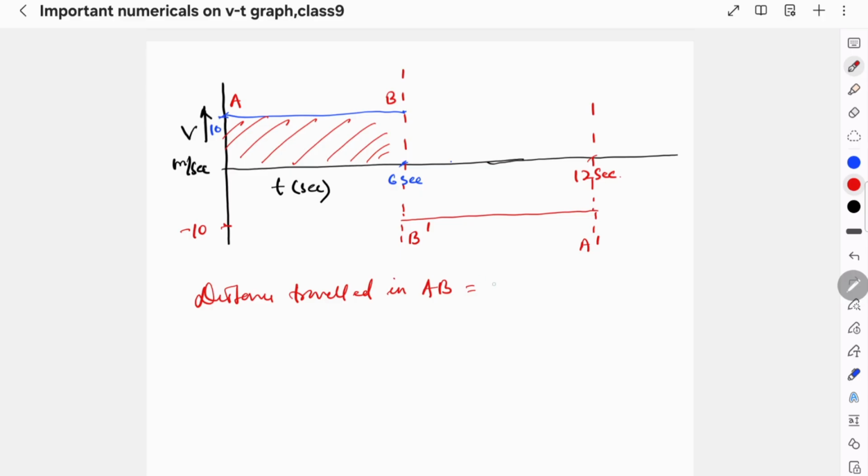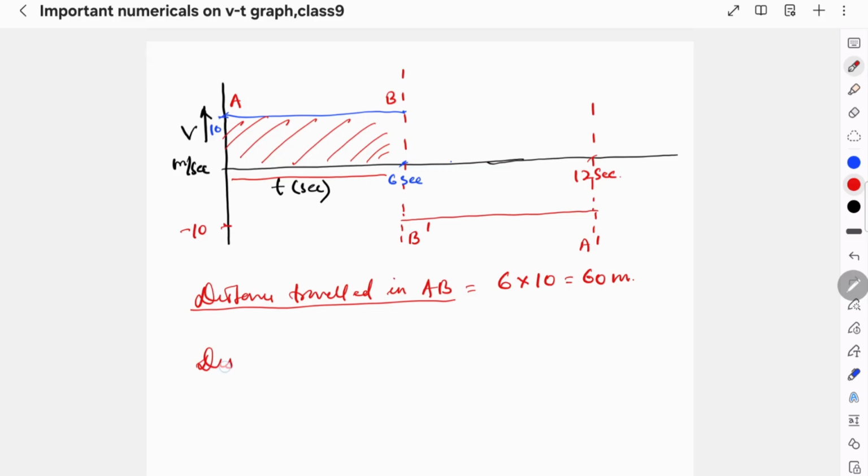What is the length? It has traveled for 6 seconds. So the length will be 6 seconds, and the breadth will be the velocity, that is 10 meter per second. So this becomes 60 meter, the distance traveled in the part AB.